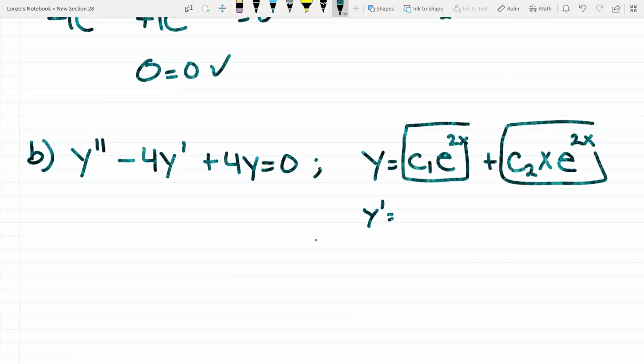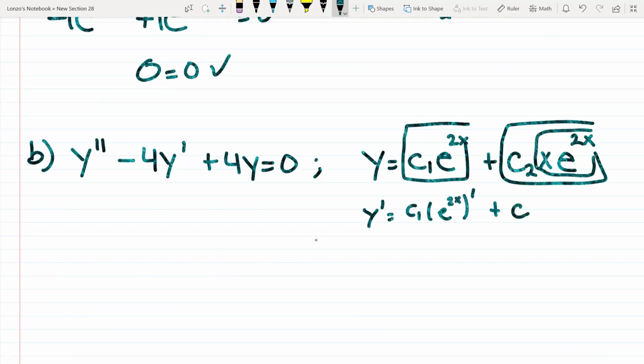So let's look at how you take the derivative of C1 e to the 2x. C1 is a constant, so take it out, and then just take the derivative of e to the 2x. The same thing here: x times e to the 2x, you're going to have to apply the product rule, right?